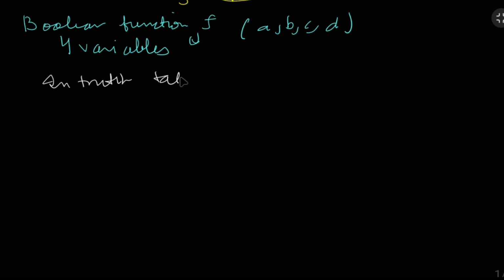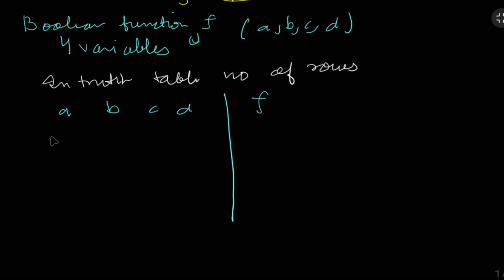Now if you have four Boolean variables, let us say you have a Boolean function on four variables a b c d, then in truth table number of rows will be very simple.